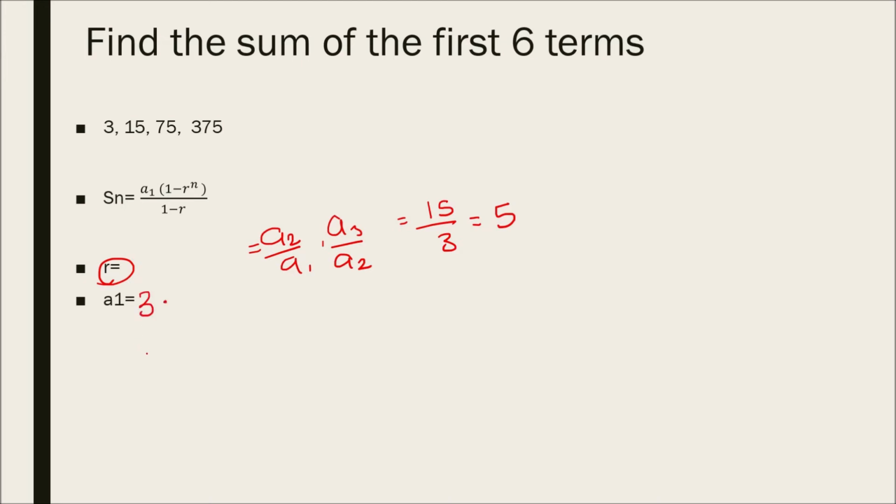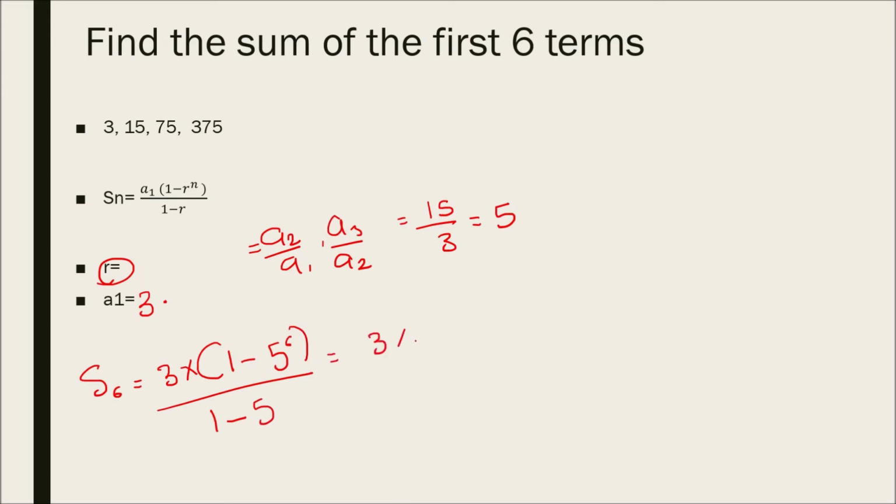So we can simply slot in the values. S6 equals 3 times 1 minus, what's our R? It's 5 to the power 6, over 1 minus 5.